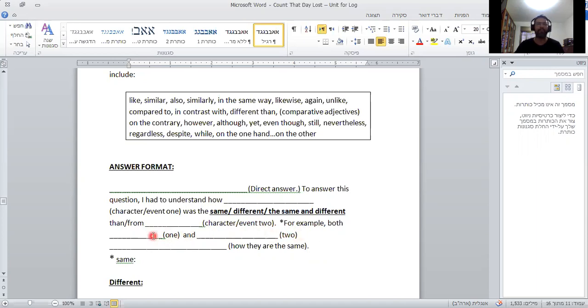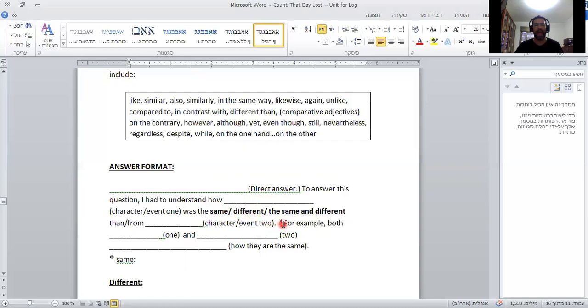And that way I have two ways in which they're the same. If I wanted to say how they're different, it's going to be a little bit shoneh. Apples and bananas are not the same. To answer this question, I had to understand how apples and bananas are different. I'm going to use a different word here.